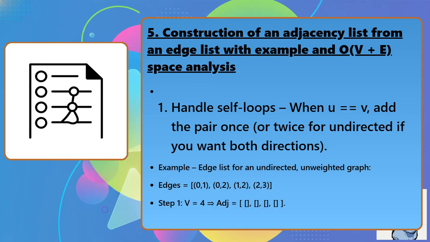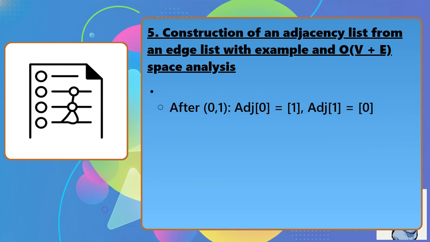Step 1: V equals 4 implies adj = [[], [], [], []]. Step 2: insert each edge. After (0,1): adj[0] = [1], adj[1] = [0].